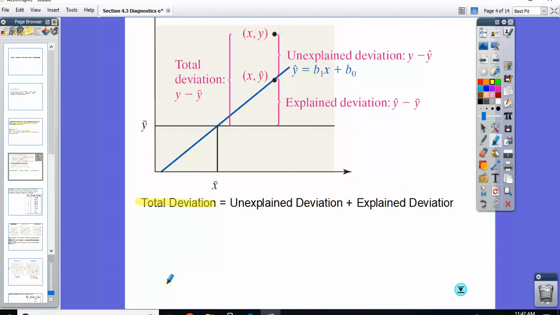So if I'm talking about the total deviation, that's saying for a particular point, how different is that point from the average? So y bar is the average y value. And we know that not every point is going to be equal to the average, right?